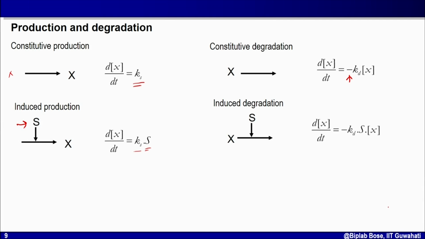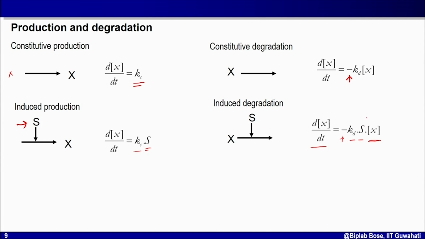Taking the cue from the induced production, for induced degradation, dx dt is equal to minus Kd S into X. So Kd is the rate constant for degradation, S is the signal for degradation, X in the square bracket is the concentration of free X at that time. The minus sign is given again because by this process the concentration of X is decreasing.